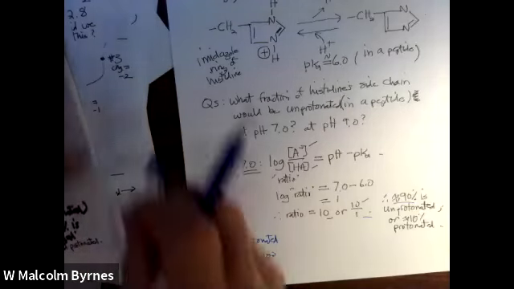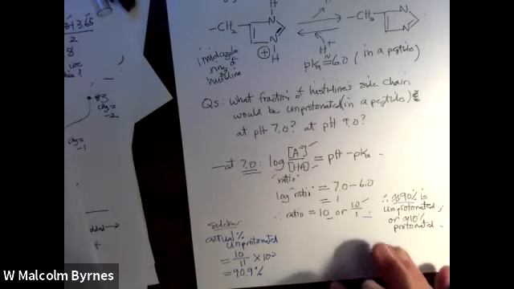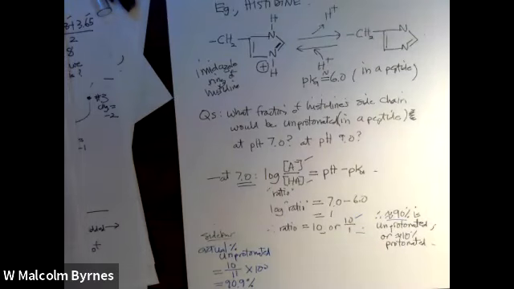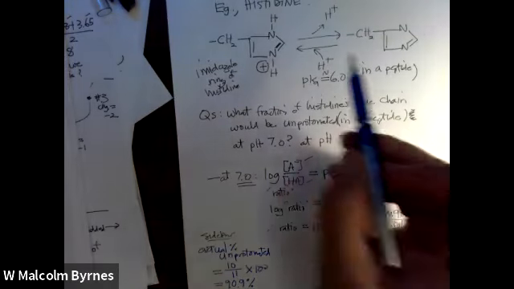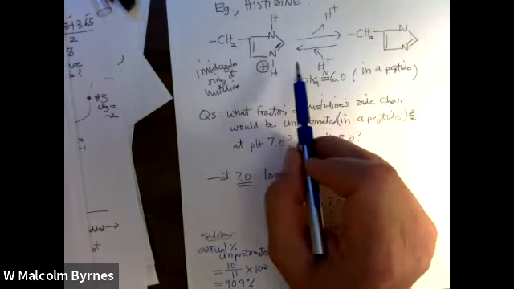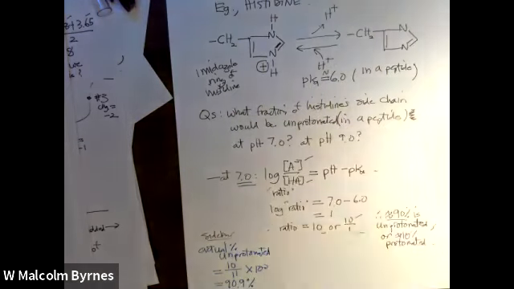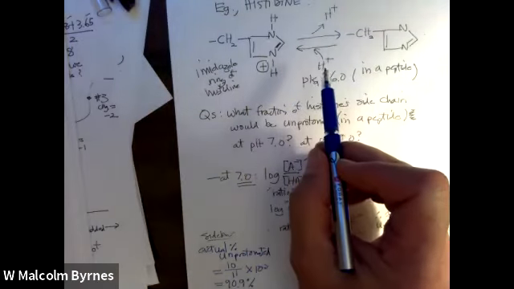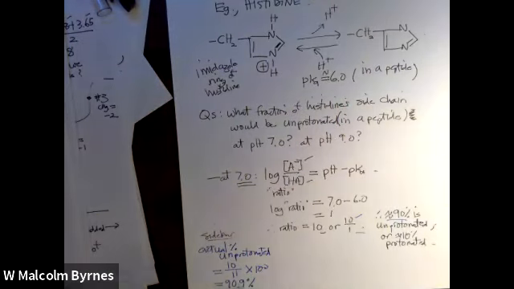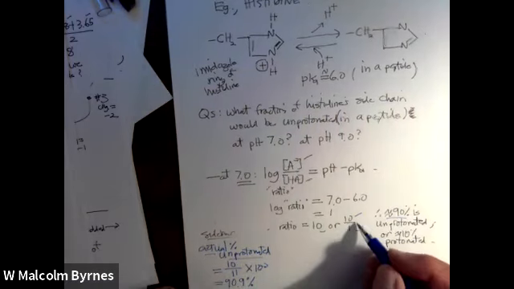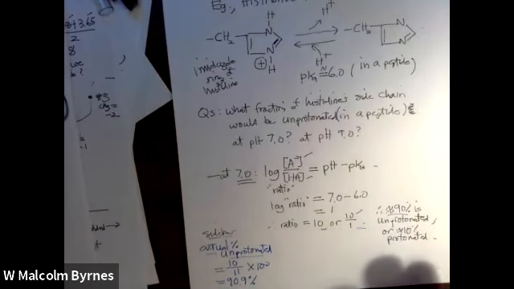But the less the distribution is skewed in one direction, in other words, the more you have approximately equal amounts, the more the percent protonated or unprotonated will deviate from the ratio. That's good to keep in mind.